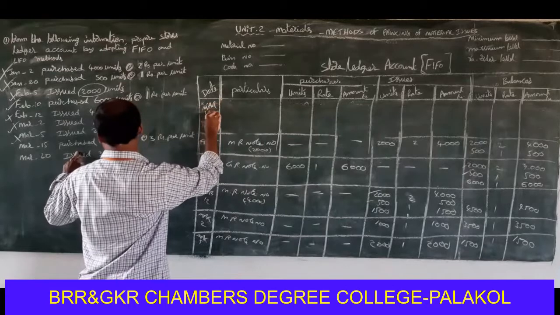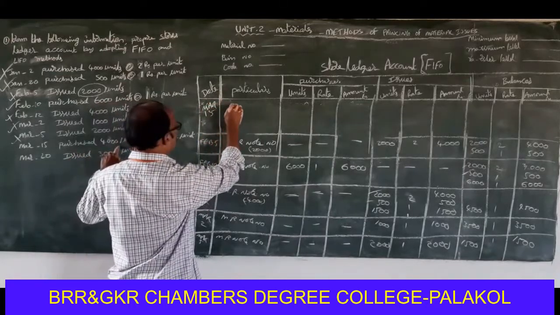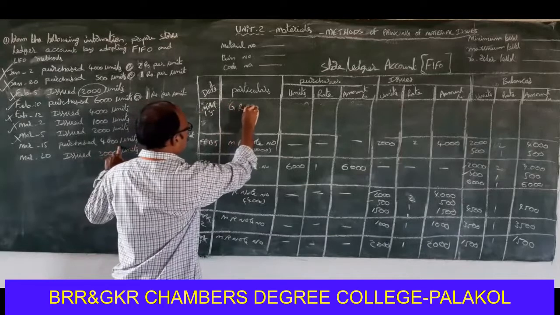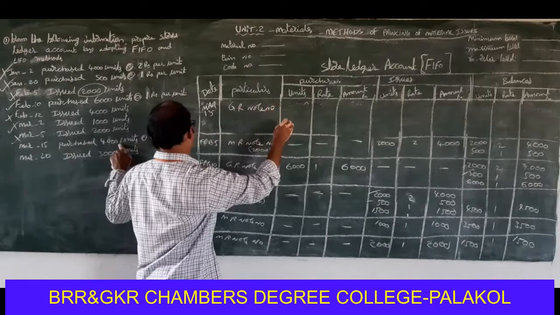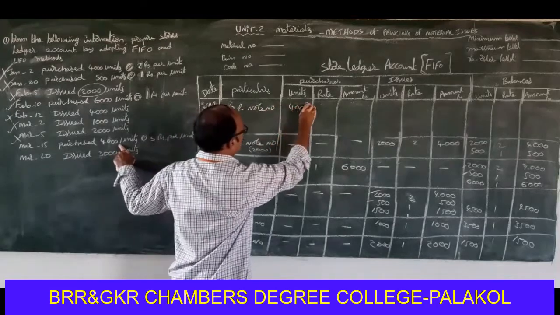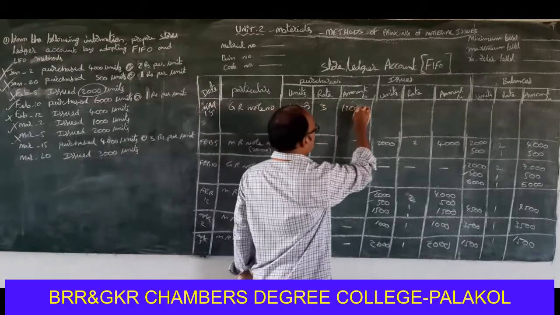Next March 15th, purchased how many units? 4,000 units. Purchased means goods received note number. How many units purchased here? 4,000 units. 4,000 units at the rate of 3 rupees per unit, 12,000.